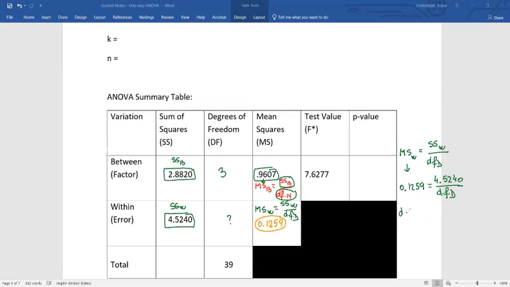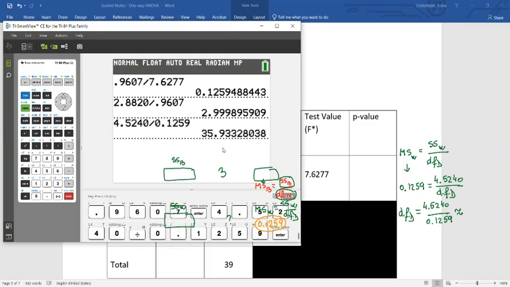So to solve for this one, again, I will divide 4.5240 by 0.1259. Let's see what this number will be. In this case, we have 35.93. This is again a degrees of freedom, so it should be an integer.